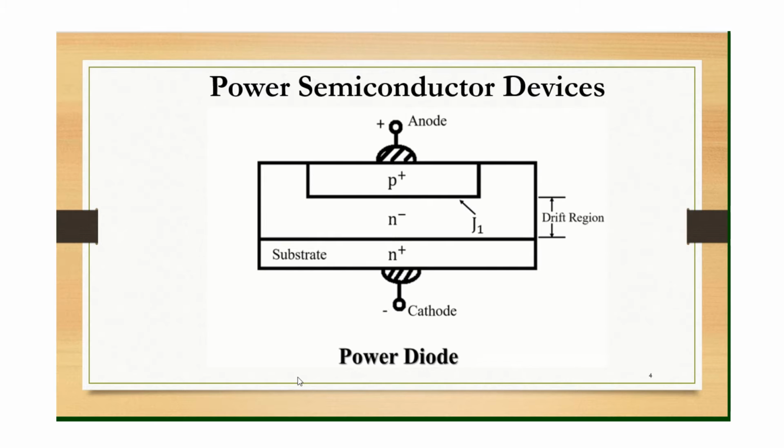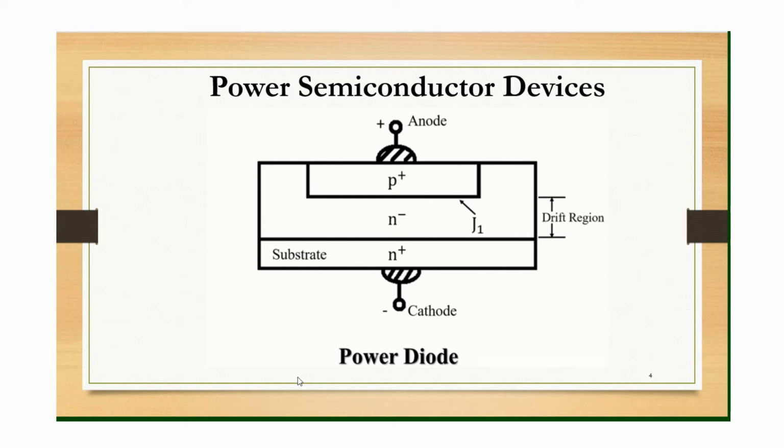Okay, so this N minus layer is the key feature of this power diode, that is the drift region, which makes it suitable for high power applications. So this layer is very lightly doped, almost intrinsic, and hence the device is also called PIN diode. Okay, all in caps, PIN, where I stands for intrinsic.